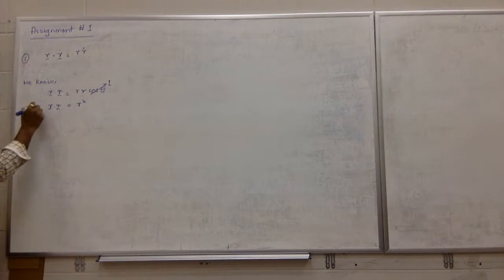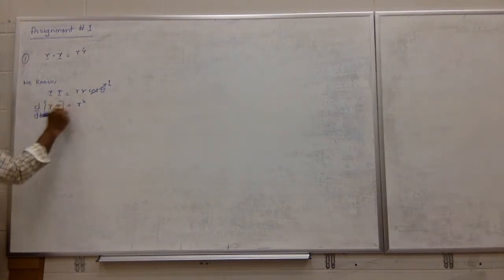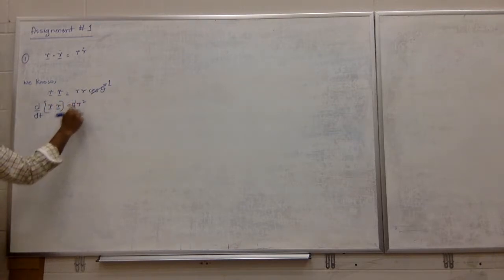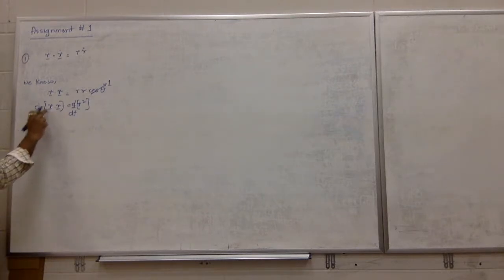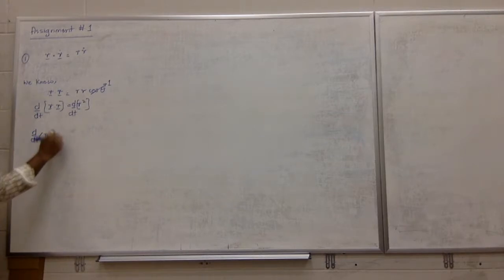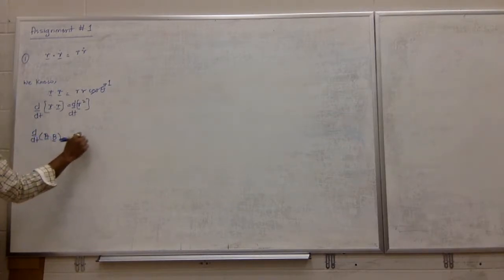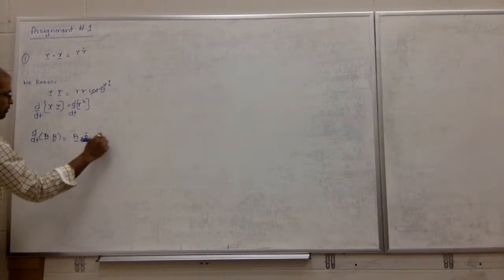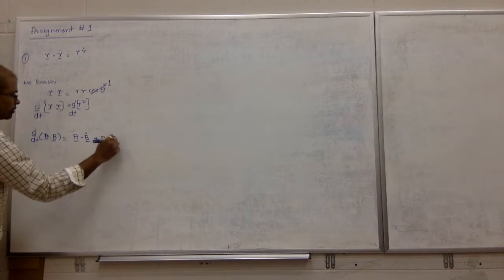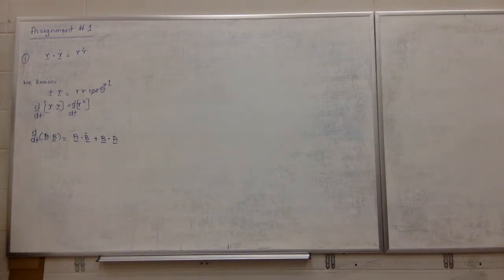Now if I take the derivative on either side, d over dt. The derivative of a dot b is simply a dotted with b dot plus b dotted with a dot. You with me?